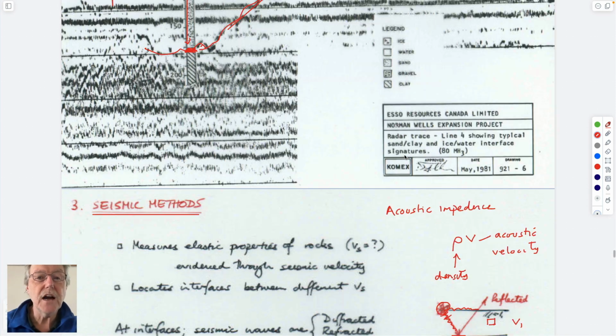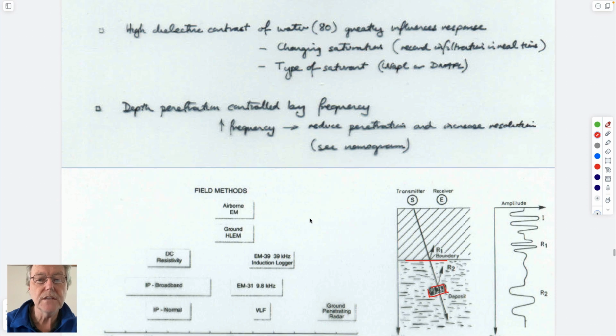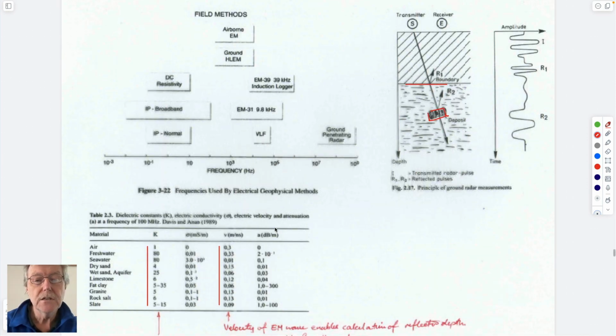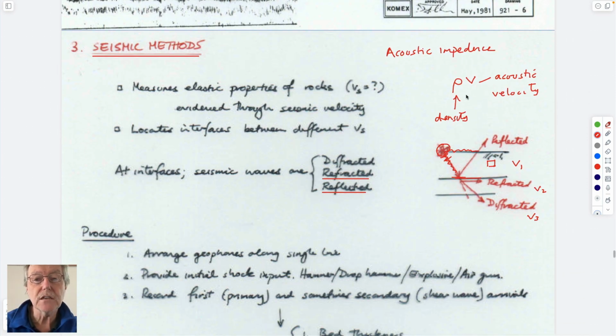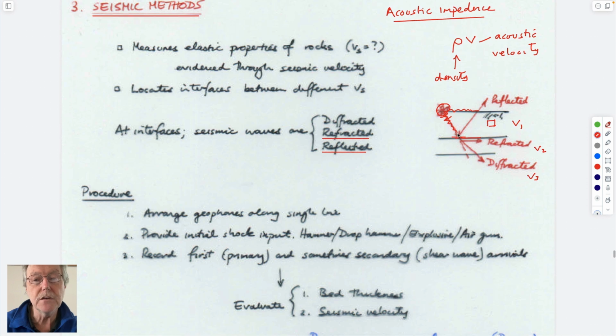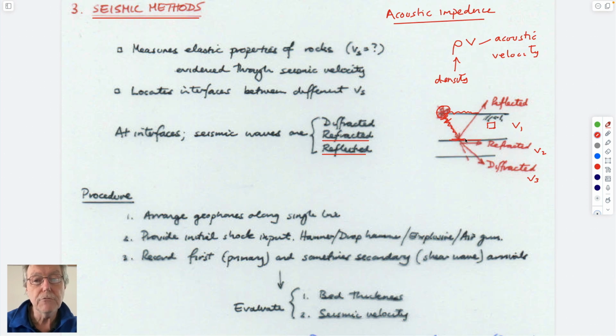In the same way that dielectric constant was the feature that made radar waves, electromagnetic waves, bounce off a surface, contrasts in acoustic impedance, the product of acoustic velocity, seismic velocity, and density of that material, provide the reflectors that reflect waves. And so when an acoustic wave hits that surface, it does one of three things.